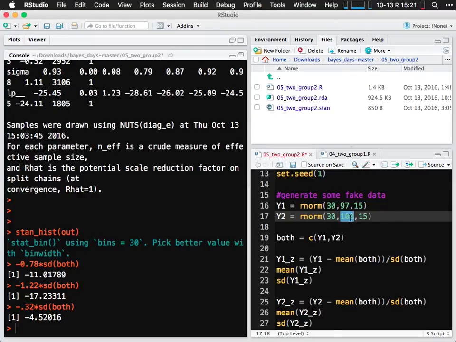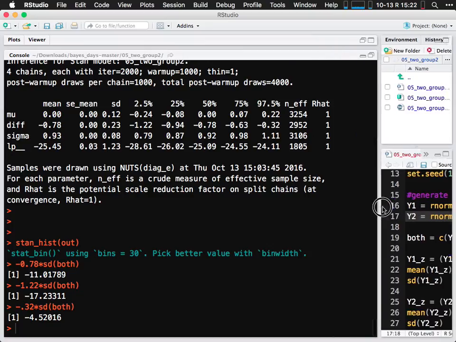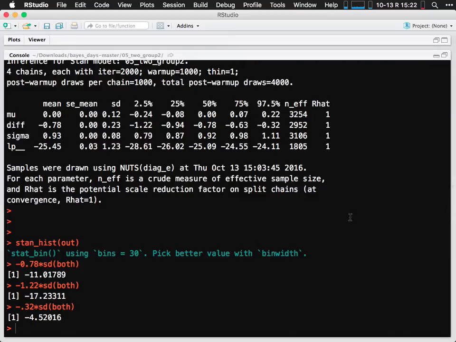So there was a true difference of 11. And we happened to get a posterior that is peaked right at that true difference of 11. You'd never know that in real life experiments because you never know what the true population values are. But it's nice to see that in our simulated data.